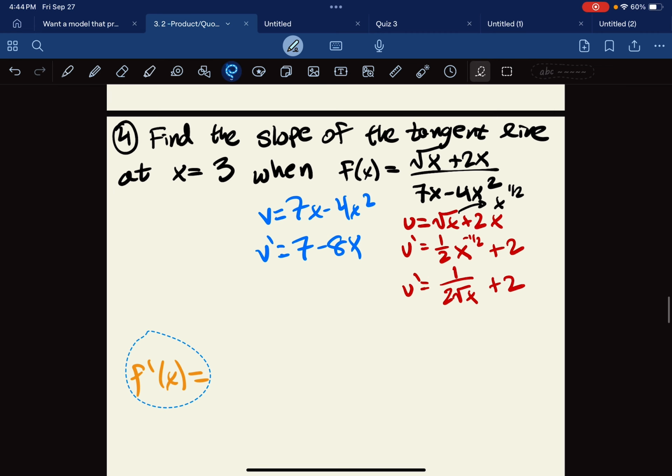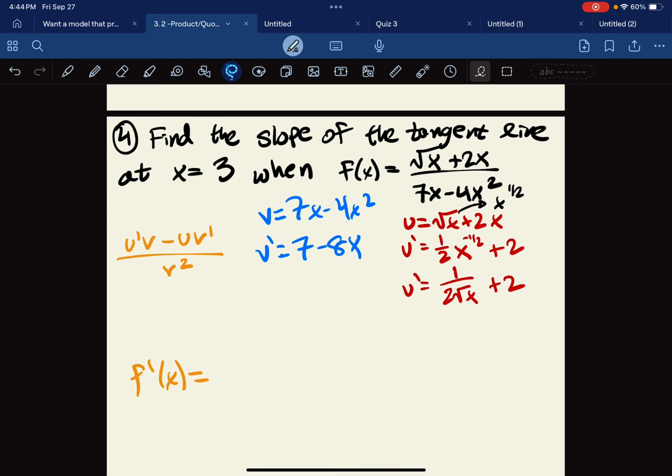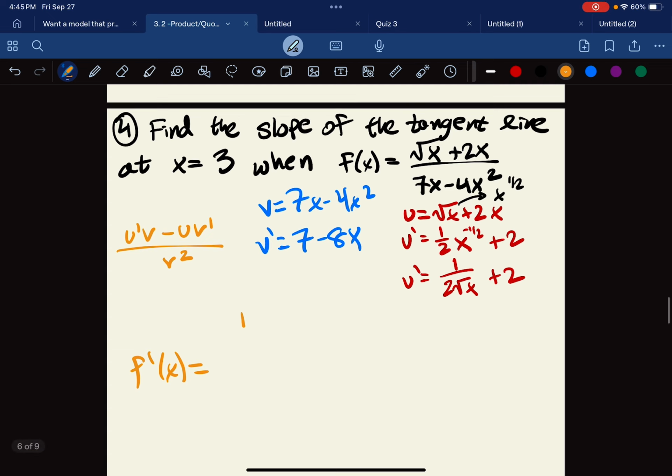So we get that f prime of x equals, oh crap, where's our quotient rule? There we go. U prime is going to be 1 divided by 2 square root x plus 2. Sorry, I should put this in red. 1 divided by 2 square root x plus 2 times our v.